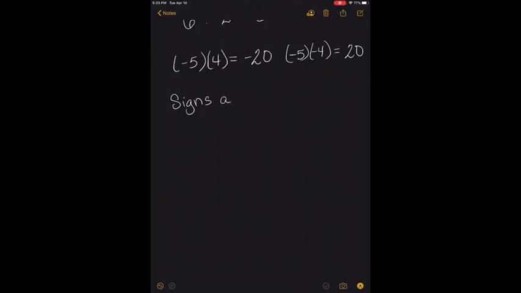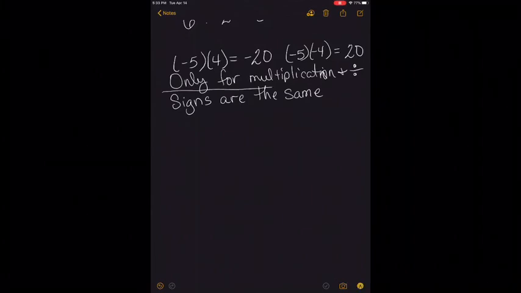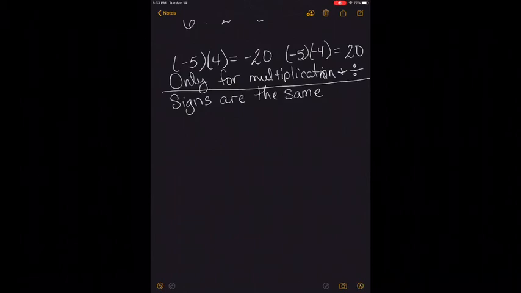Okay? So I'm just going to write it out with words. Signs are the same. Remember, this is only for multiplication and division. I don't have space to write it out. Only for multiplication and division.